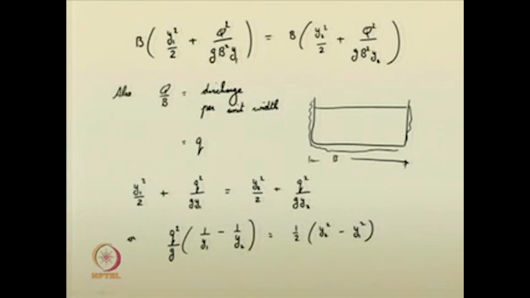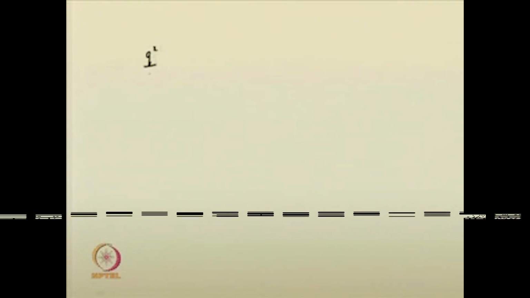You can see that there are some common terms here. This quantity becomes q squared by g into y 2 minus y 1 by y 1 y 2 is equal to half of y 2 squared minus y 1 squared.